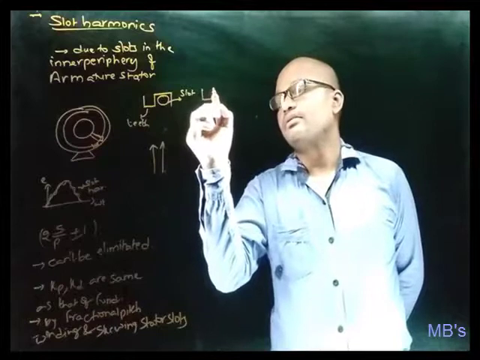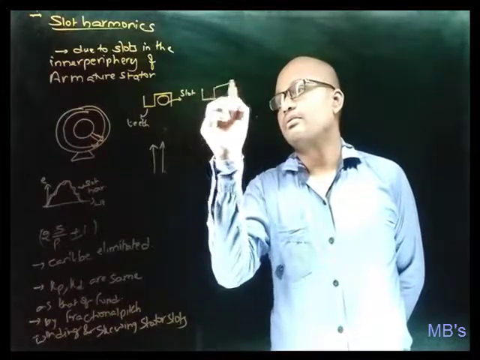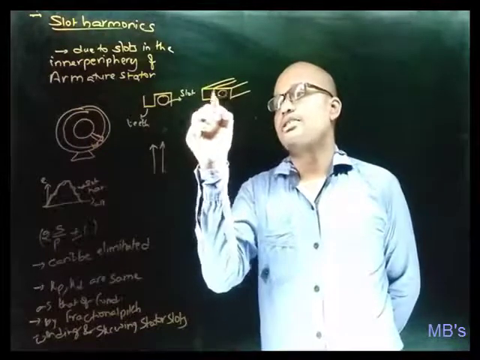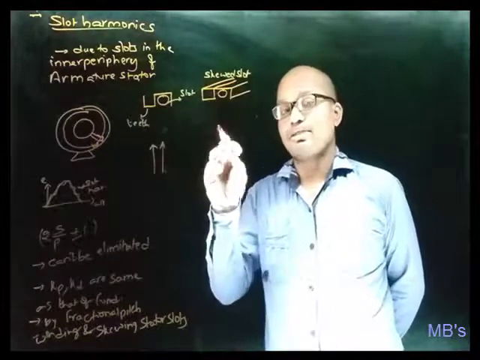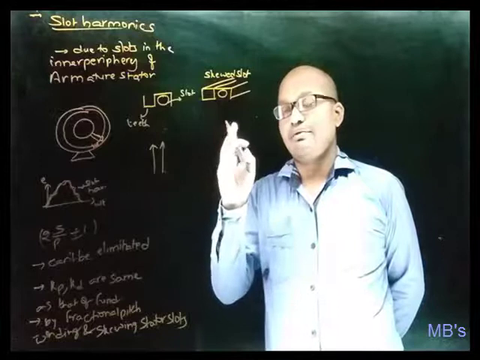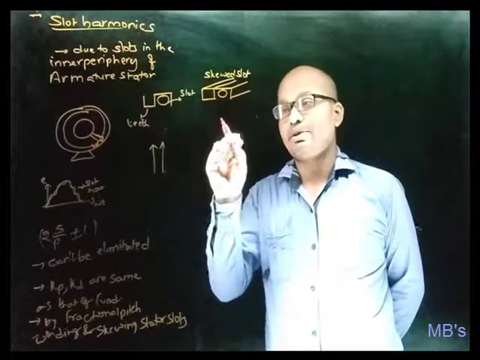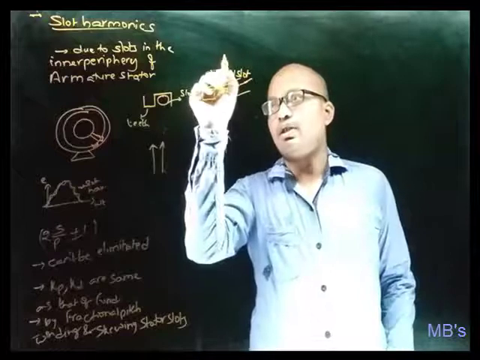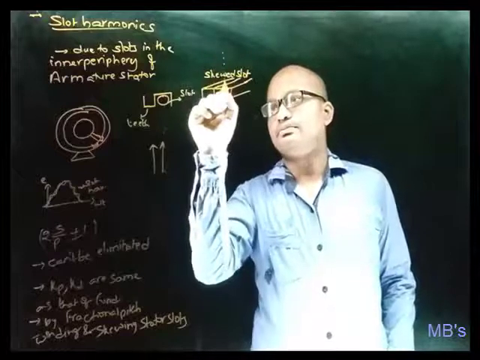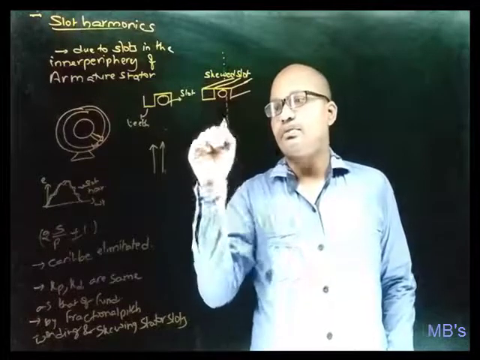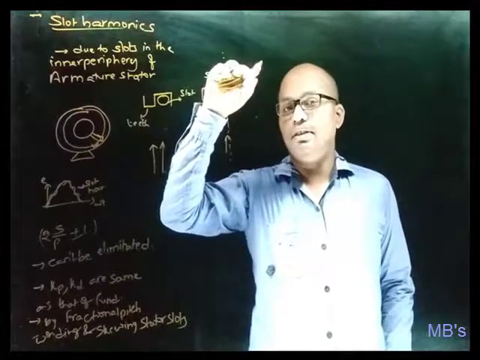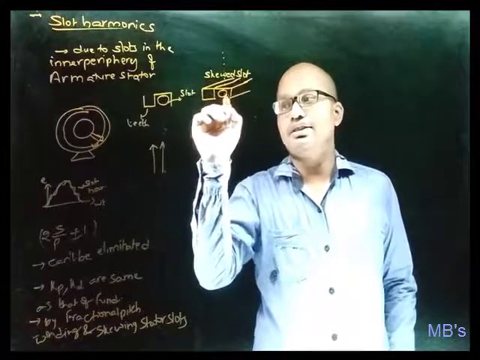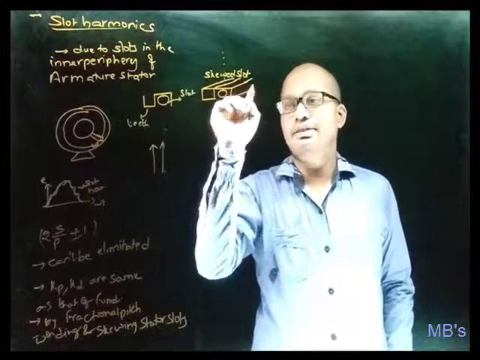So skewing is done, and this is the skewed slot. Now observe that the flux coming from the rotor will experience both air gap lengths, because of the stator slot and the stator teeth too. Along this axis, after half of the axial length, the stator teeth will enter the stator slot area and the stator slot will enter the stator teeth area.